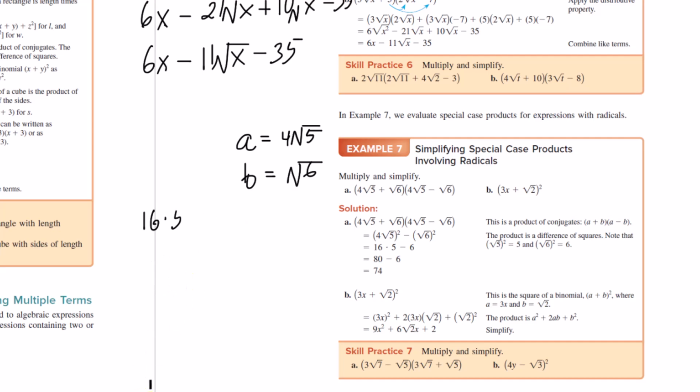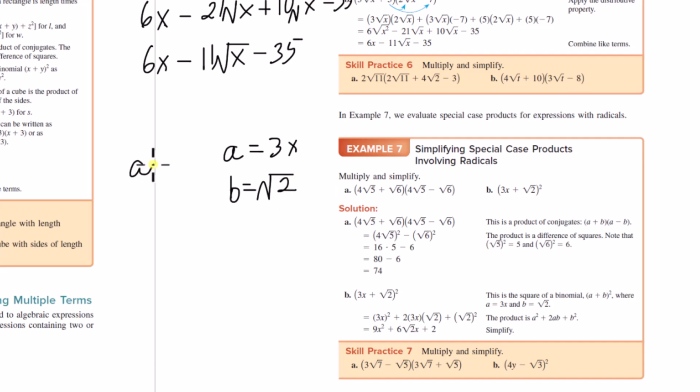Okay, now this other example, we've got a two-termed expression squared. But that's fine. One of the numbers is 3x. The other number is root 2. So we're doing a plus b squared. I don't want to say it's not a trinomial because, oh no, it is. Yeah, it's a trinomial because this is a polynomial. Root 2 is just a constant.